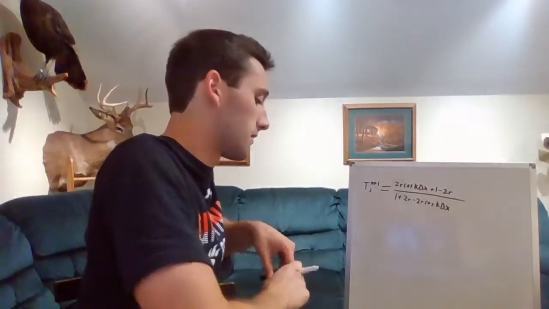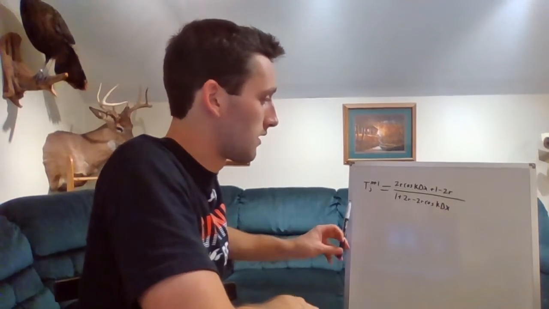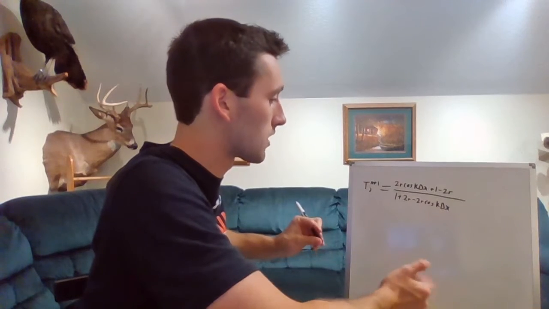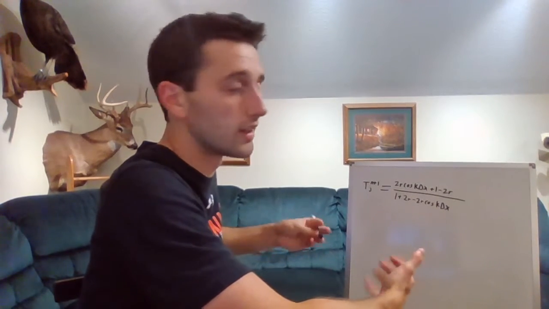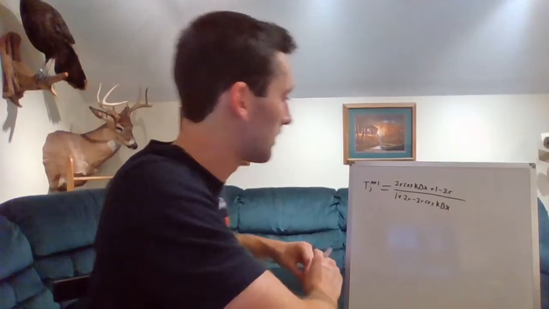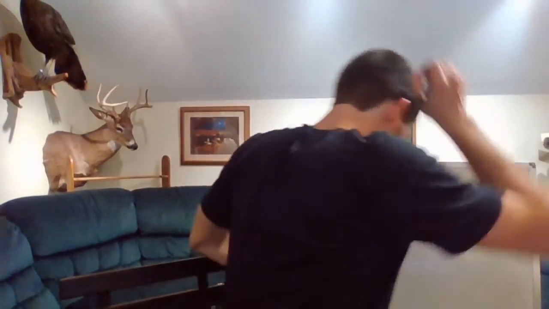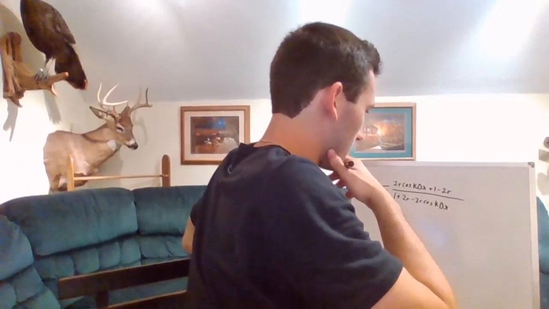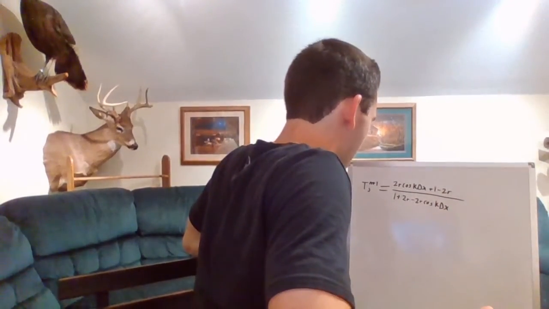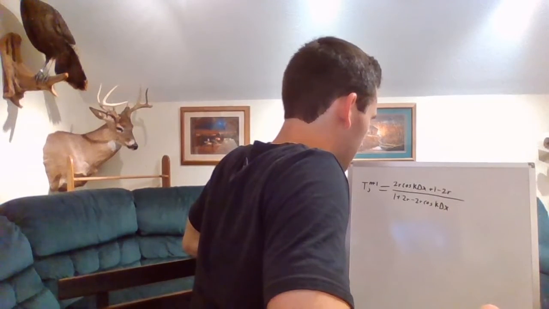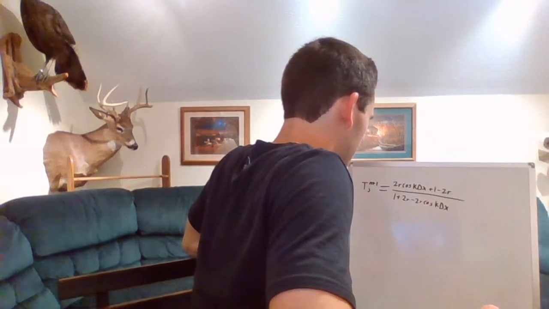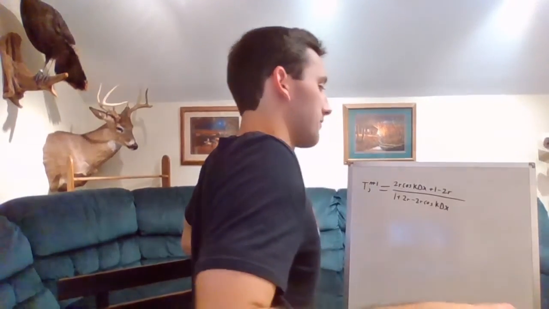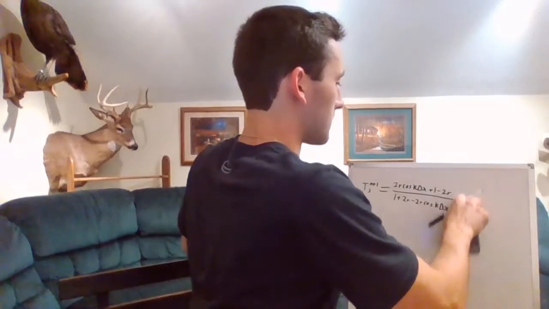So, the 2 cosine k delta x's comes from something we did in a previous video. And now, I feel like I'm missing something. Yes, I am missing something.